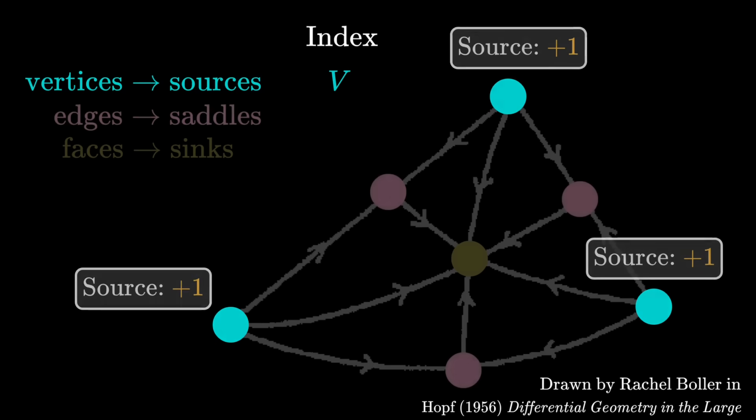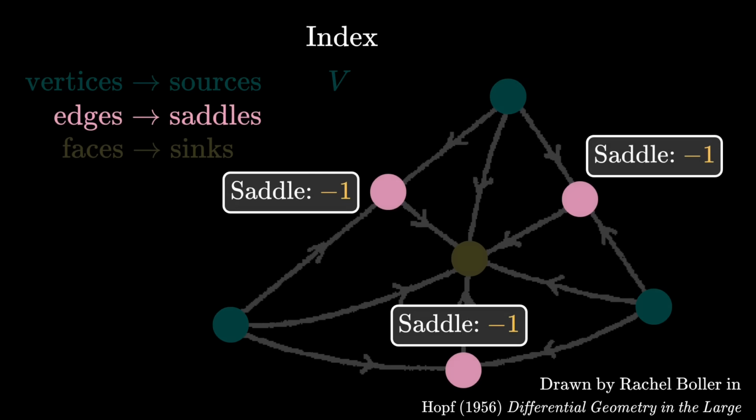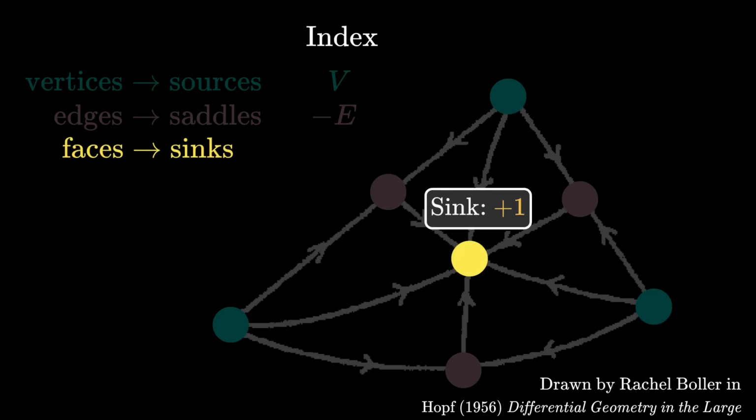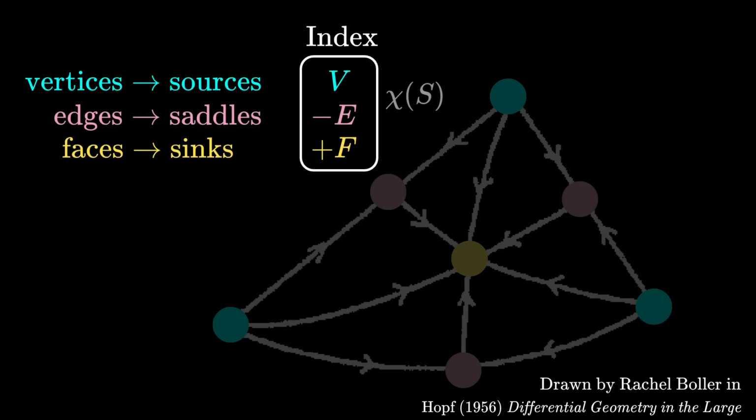Similarly, since each saddle contributes index -1, and each edge contains a saddle in this vector field, they contribute -e to the index sum. Finally, each triangle interior acts like a sink, which has index +1, and so they contribute f to the index sum. Overall, the index sum is exactly the Euler characteristic.